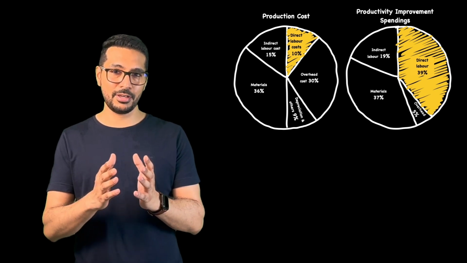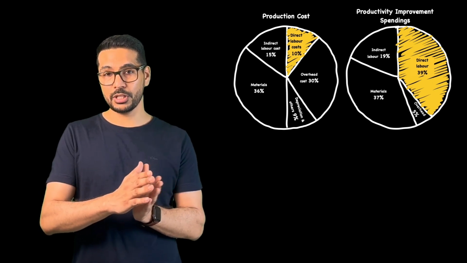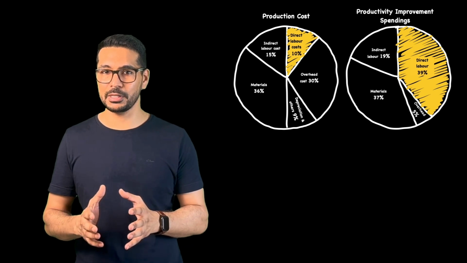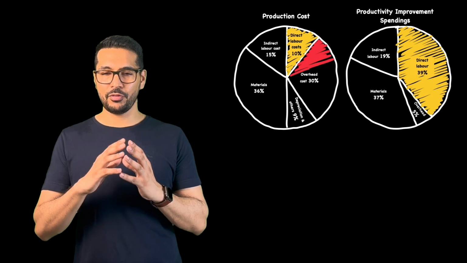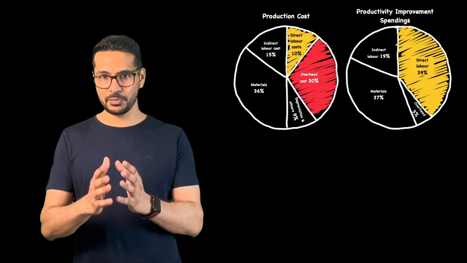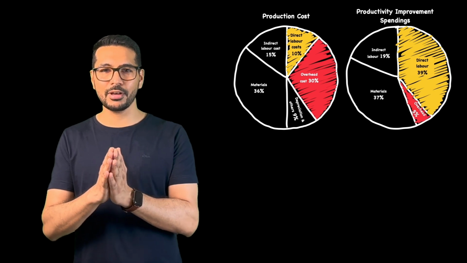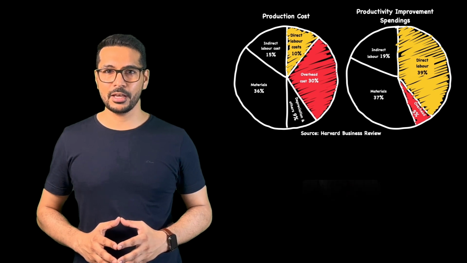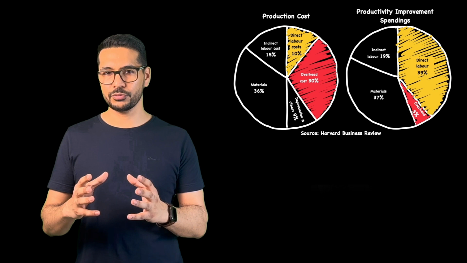Compared to the contribution of 10%, against spending of 40%, we see a very big gap. And the overhead costs in manufacturing of any product are 30%, but the spending or the focus is very little, like 5%.